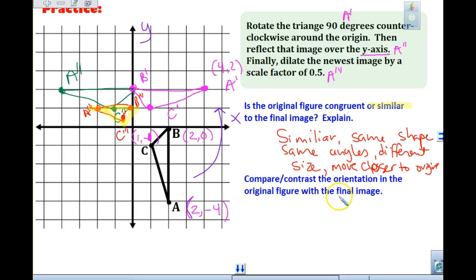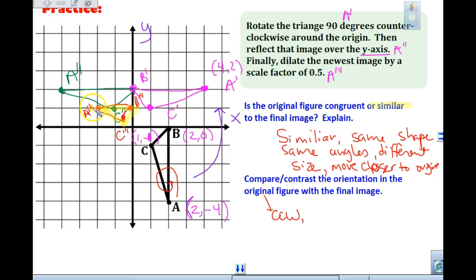If we are talking about the orientation, that means I'm going from A to B to C, right? The original was going counterclockwise.